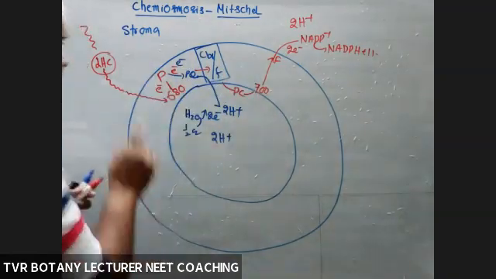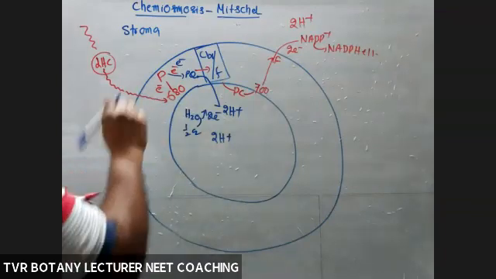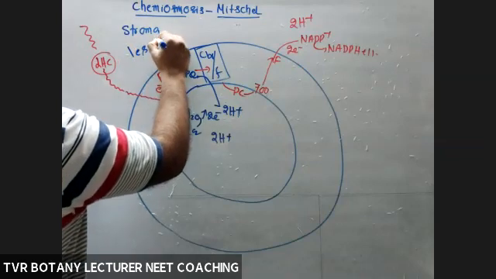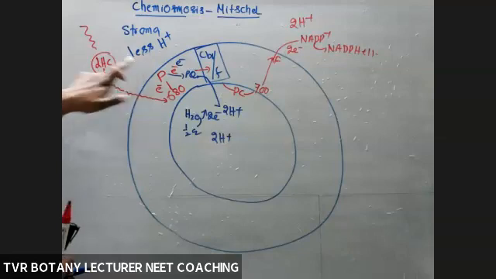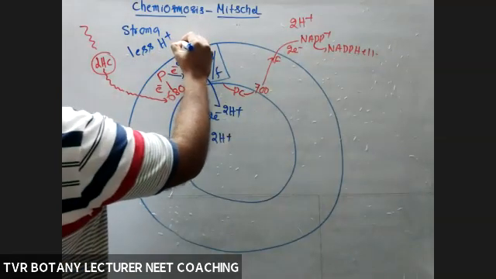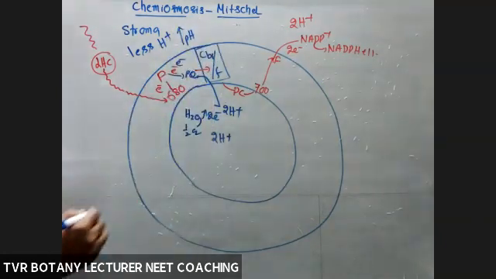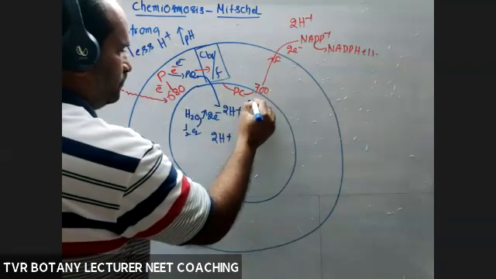So now, less number of protons, more number of protons. So here within the stroma, less H plus. Less H plus means what about pH value? More. pH is the negative logarithm of hydrogen ion concentration. What about pH here?